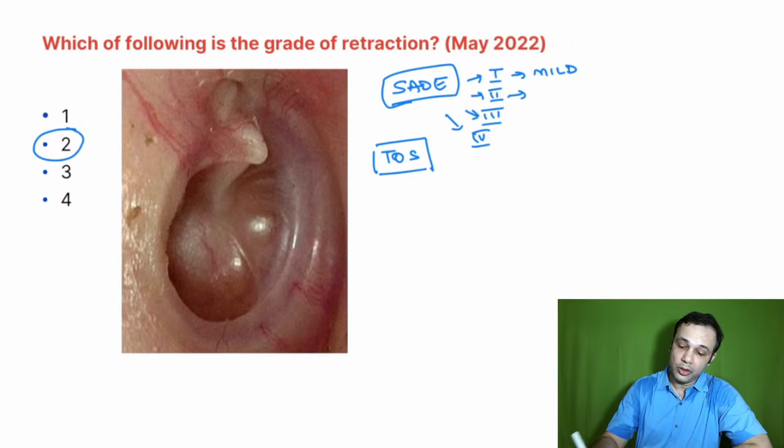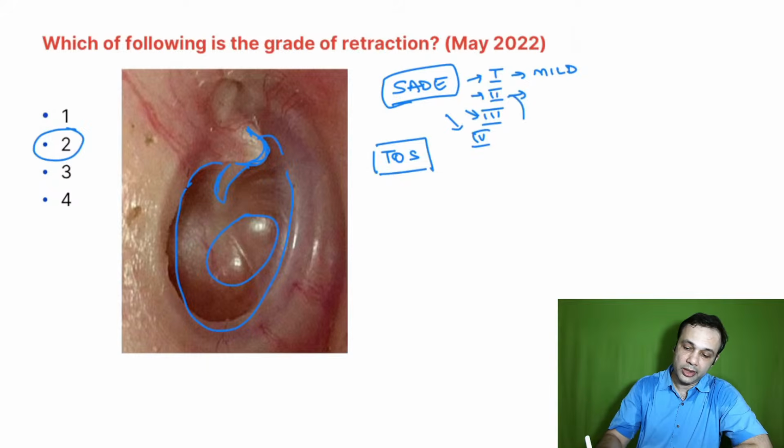When you talk about 2, there is distortion of the cone of light. Along with that, there is prominence of the lateral process of malleus. You see the handle of malleus has gone significantly, it has retracted inwards. But when you talk about prominence of lateral process of malleus, prominence of the anterior and posterior malleolar folds, prominence of the annulus, it becomes a grade 2, right?